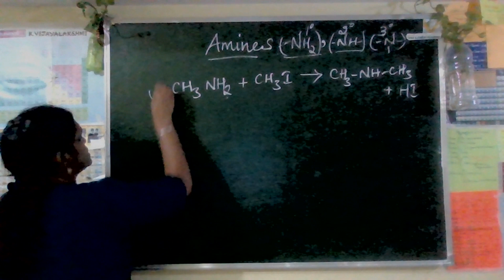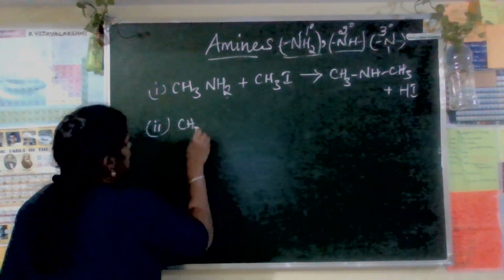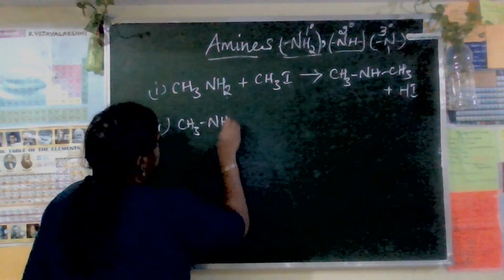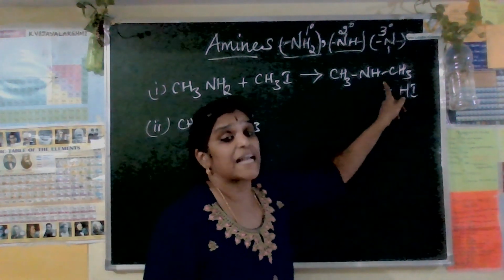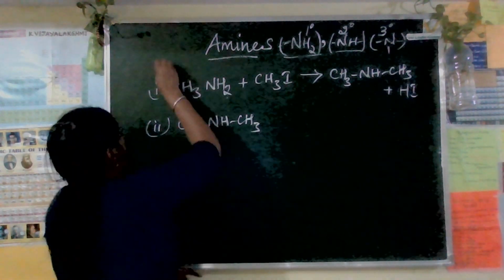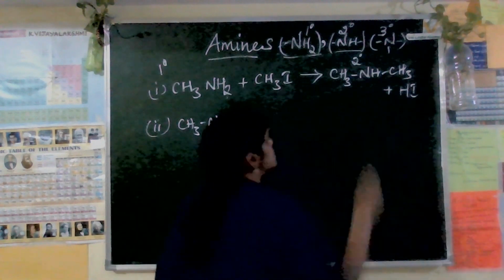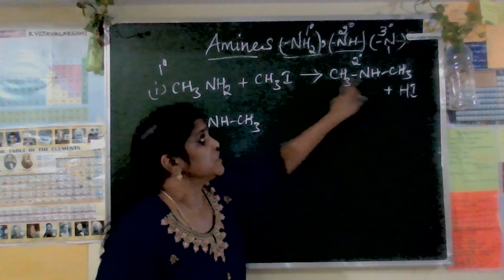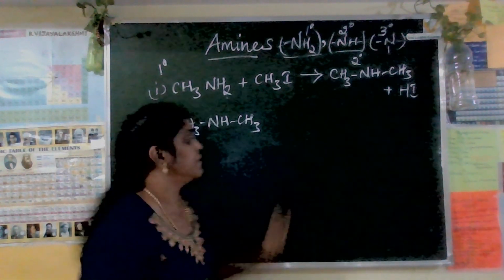Now the next one, this will not stay quiet. This is the first one. Second one, what will happen? This CH3NHCH3 is a secondary amine. This is primary amine and this is secondary amine. The secondary amine has N-H attached with two methyl groups, dimethyl amine we can say.